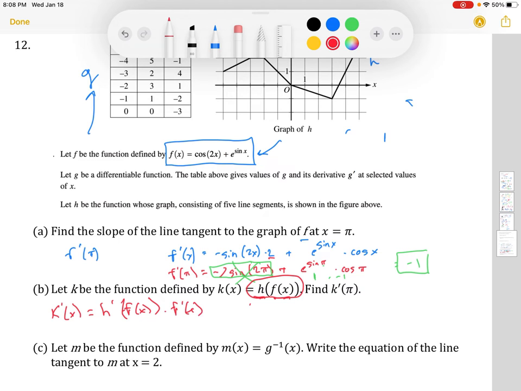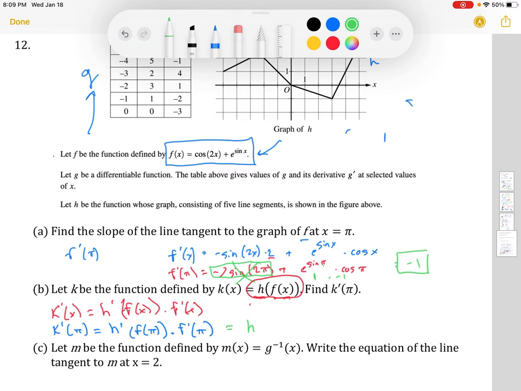So if we plug in the values there, k prime of pi is actually equal to h prime of f of pi times f prime of pi. Ooh, it's a lot to handle. Let's go piece by piece. Let's start with f of pi.